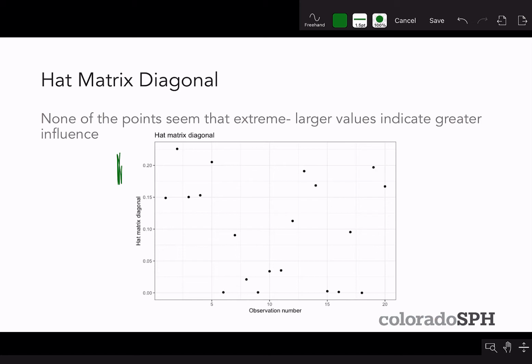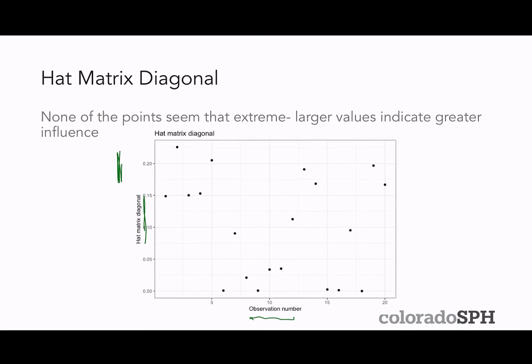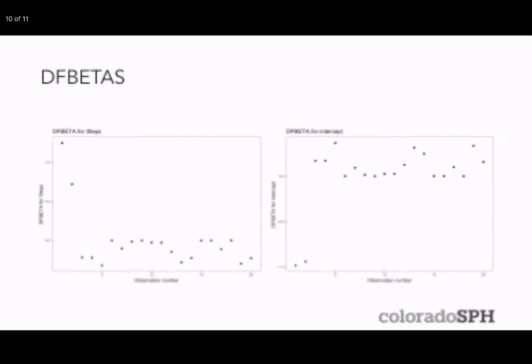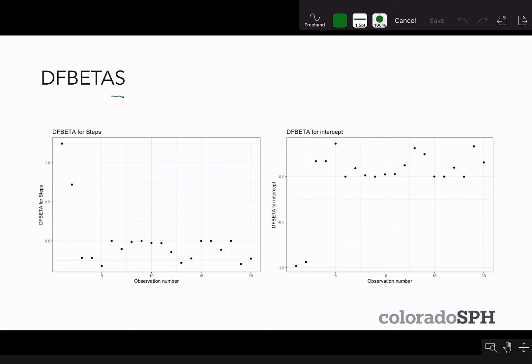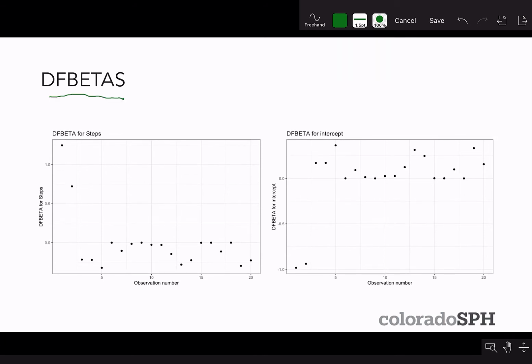I have the hat matrix diagonal value plotted on the y-axis and the observation number on the x-axis, and none of these points seem to be that extreme. So this doesn't necessarily agree with the residual plots in the previous slide. If we only looked at the hat matrix diagonal, we would probably conclude that there don't seem to be any potential outliers. So that would give us a reason to look at another diagnostic criterion.